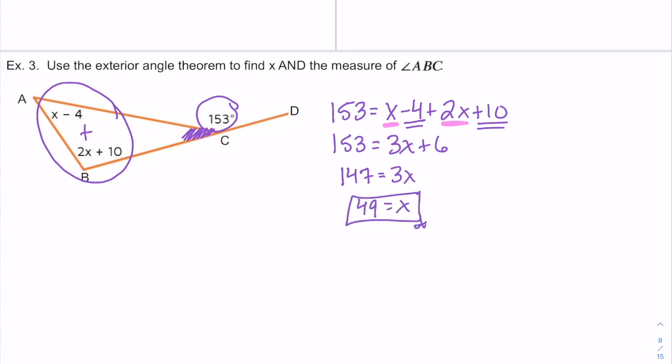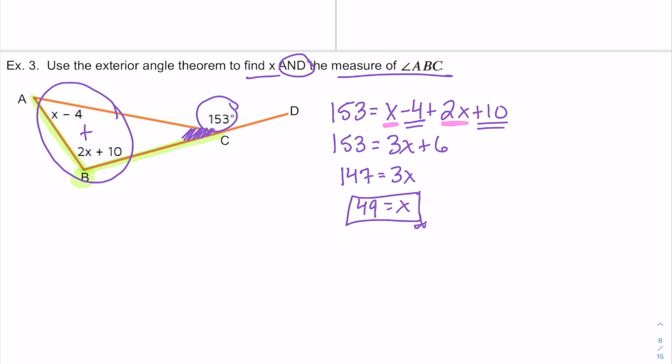So we have the value of x, but that's not all, because the problem says to find x and to find the measure of angle ABC. So to find the measure of angle ABC, first we need to locate it. So if we start at A, go to B, and go to C, notice that that highlights an angle where B is the vertex. B is that corner point.